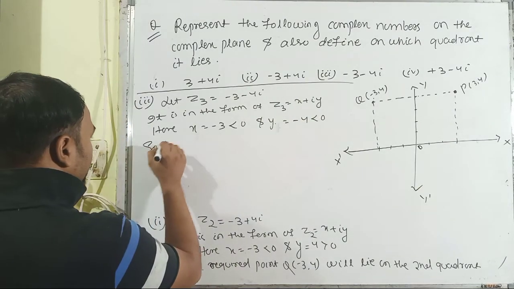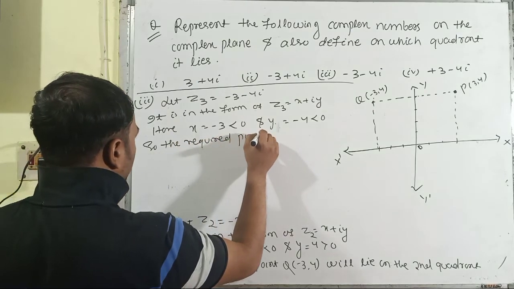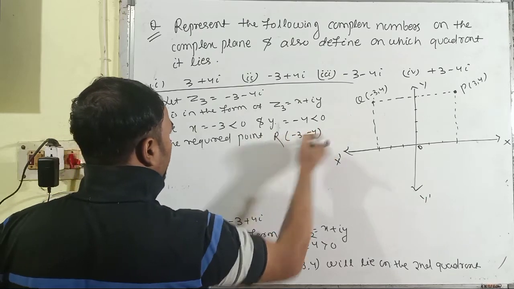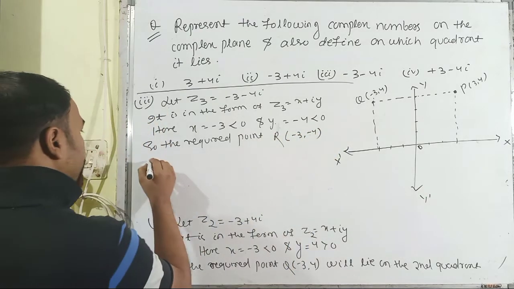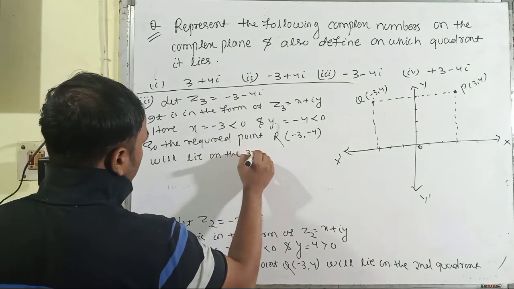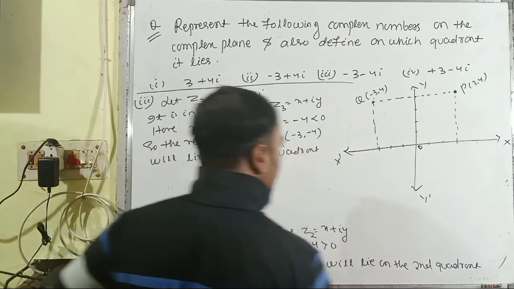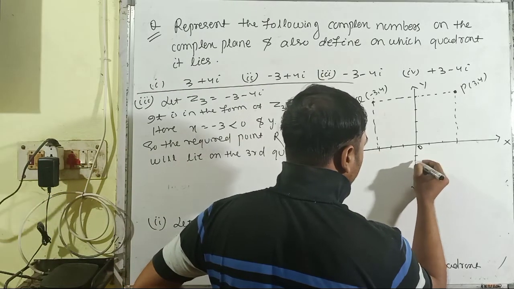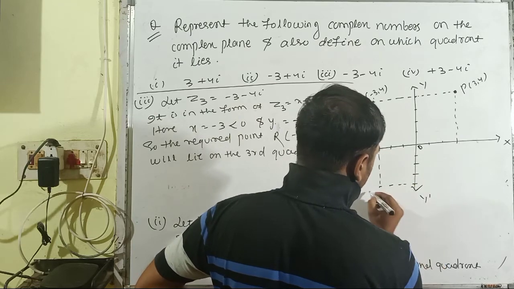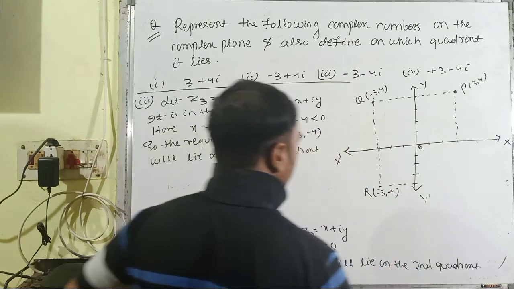So the required point, suppose we consider this point as R(-3, -4), will lie on the third quadrant. Here it is minus 1, minus 2, minus 3, minus 4. It is the point R(-3, -4).